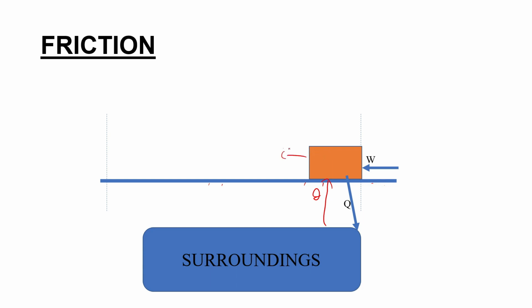In order to produce this work, you need to release heat to another reservoir. You cannot exchange heat with a single reservoir, that is the surroundings, and produce an equivalent amount of work. That is why friction makes a process irreversible.